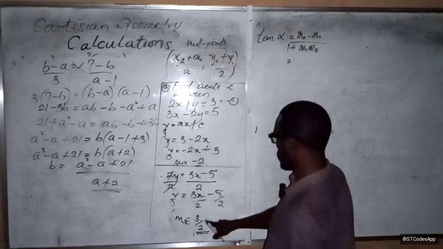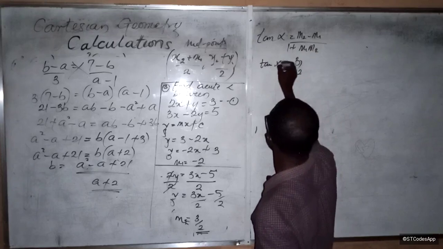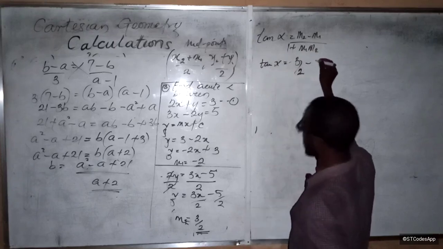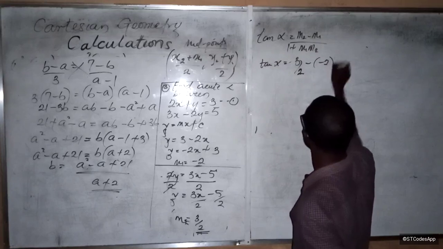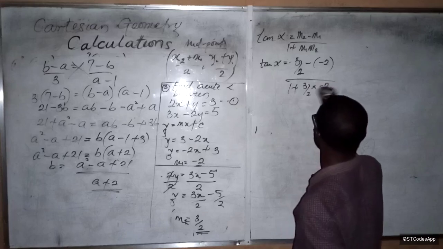So what is m2? 3 over 2. So tan alpha is equal to 3 over 2 minus 2 all over 1 plus 3 over 2 times minus 2.